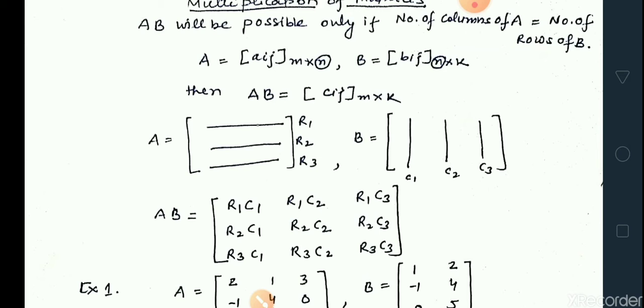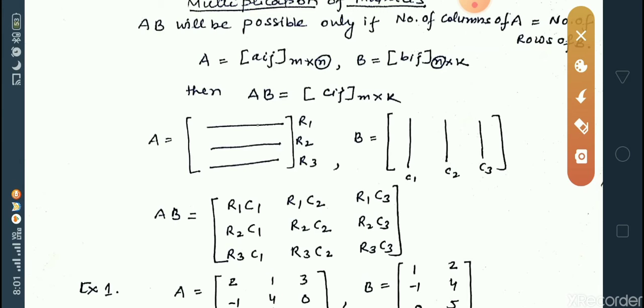What was common to both, means columns of A and rows of B, has disappeared. Now rows of A have become rows of AB, and columns of B have become columns of AB. So the order will be rows of the A matrix and columns of the B matrix.